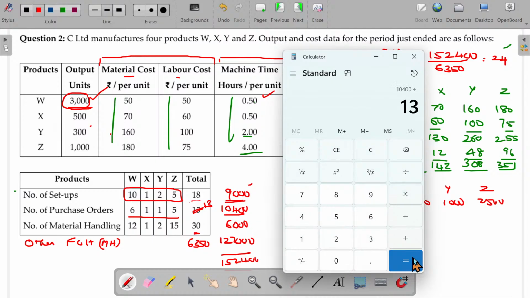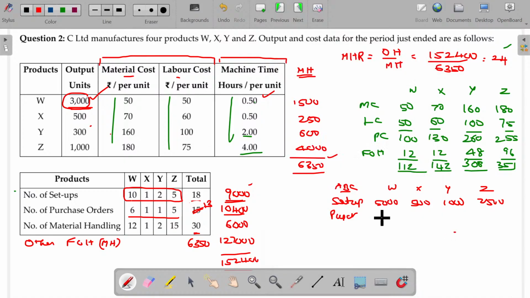Divided by 13 into 6, 4,800, 800, 800, 4,000. How many of you are able to get the answers as per my instructed calculation method?